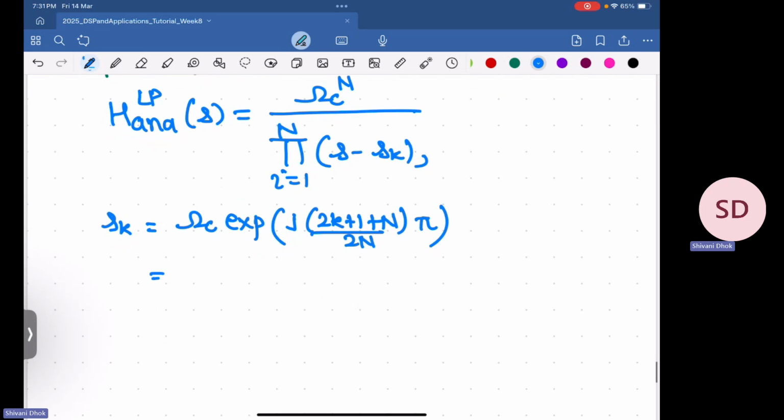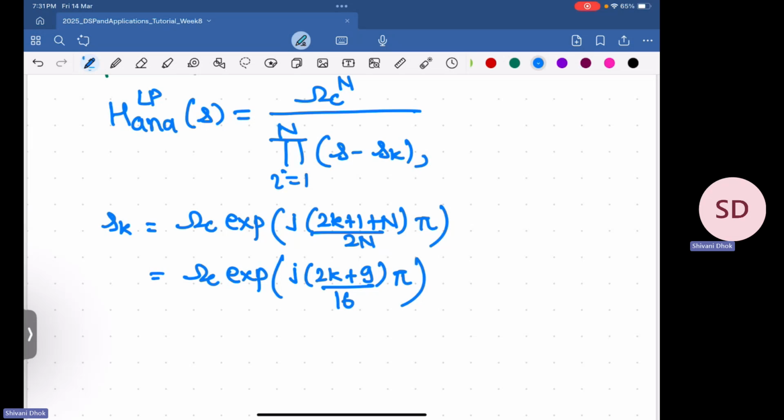So this comes out to be omega c into e power j (2k plus 9) by 16 pi, since n is 8.